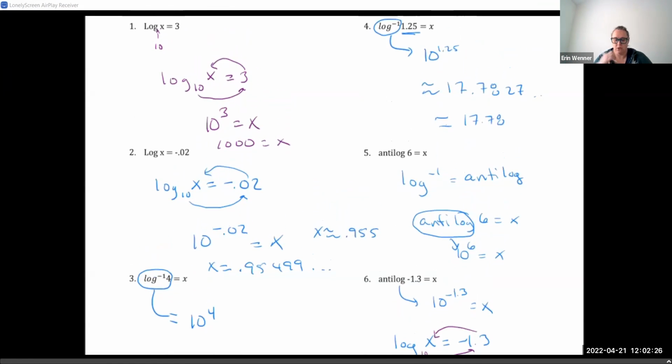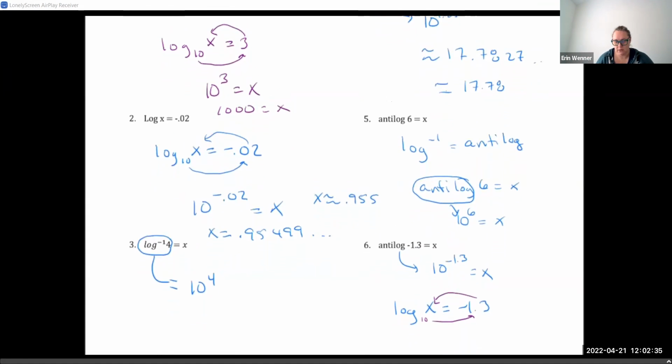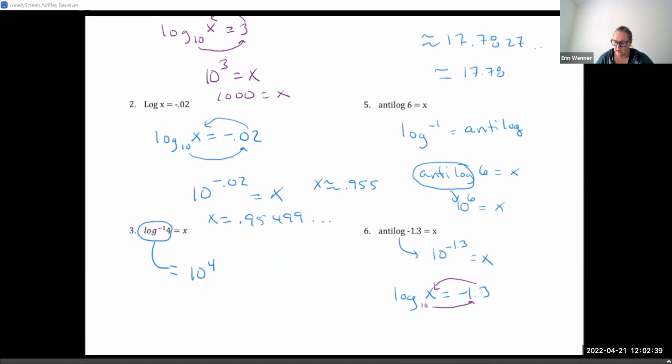So questions about those before we move forward? So anti-log is undoing logs. So let's say I had log of x equals 2.